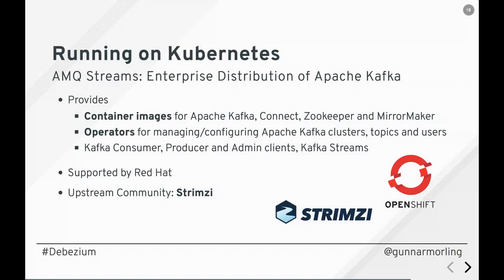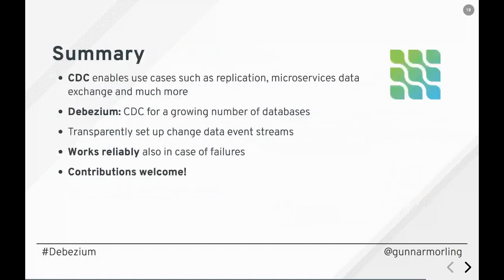So you can say, I would like to have a Kafka cluster with 3 nodes. I would like to have a topic with this number of partitions and this kind of replication factor. And this operator will come, take the YAML file and make a Kafka cluster, or make a topic, so it looks like your CRD, your resource definition. So this is a very convenient, very practical way to set up Kafka. Strimzi is the upstream community project, but there's also a supported version, which is called AMQ Streams. So this is definitely something which I recommend you to check out.